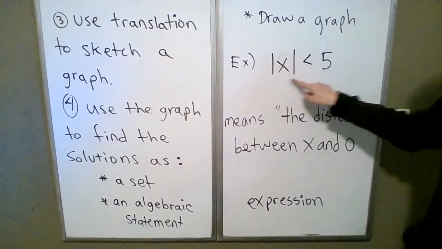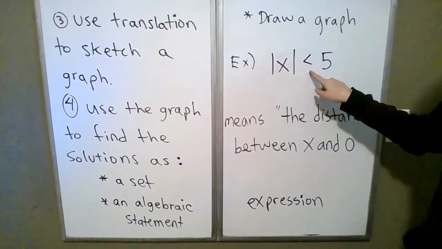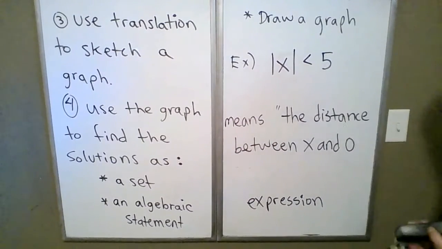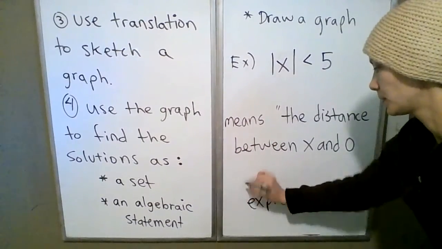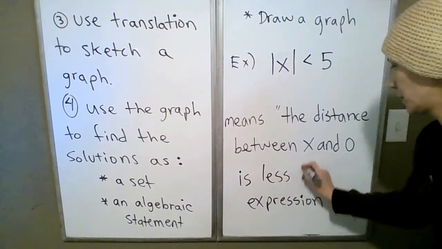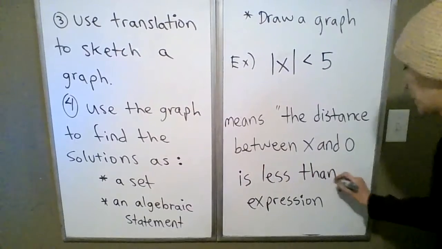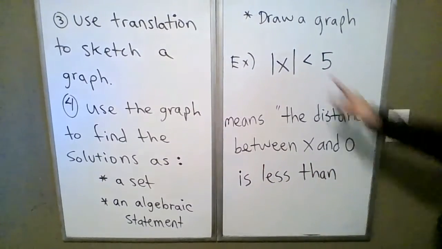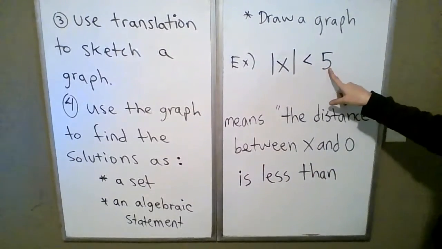So I've already translated this piece. Now we're moving on to this symbol, less than. And then 5 units.